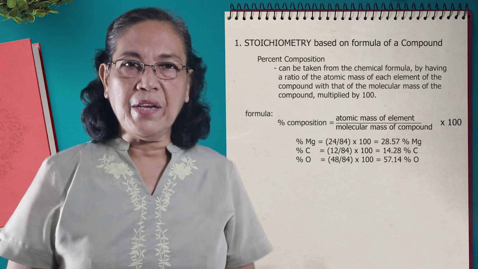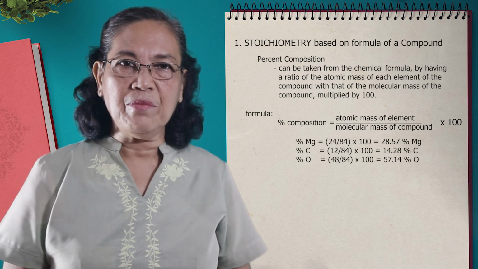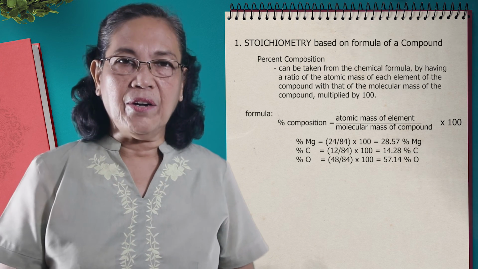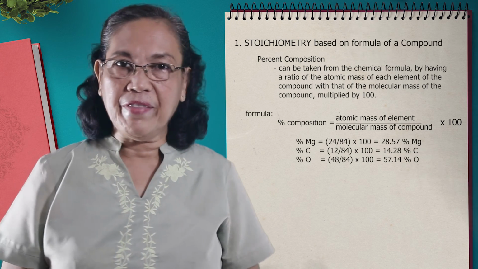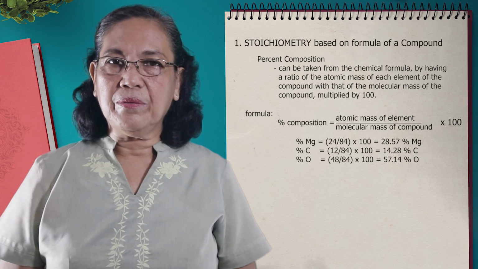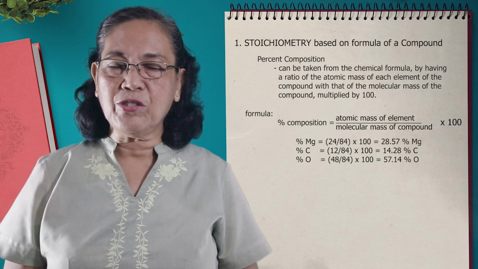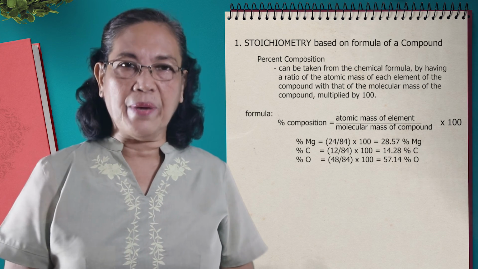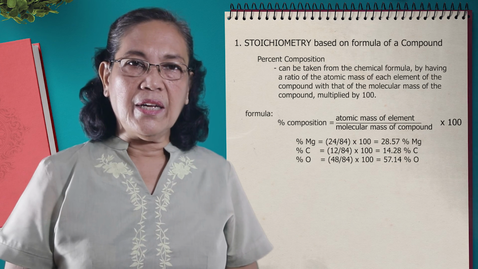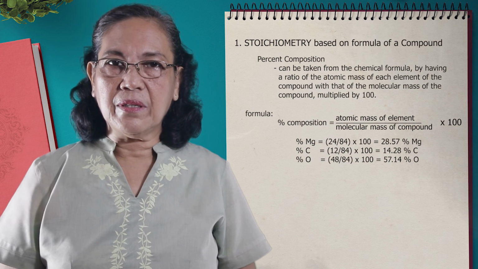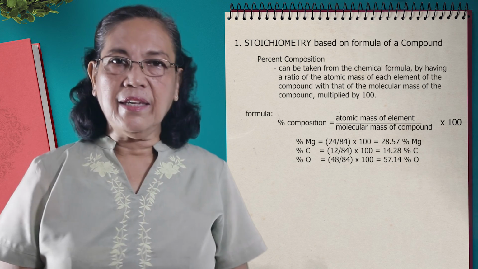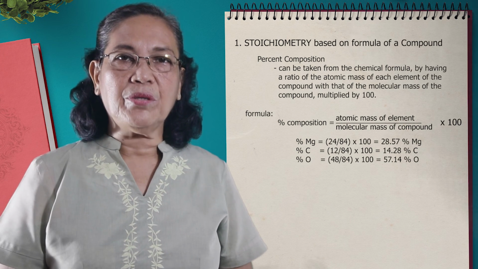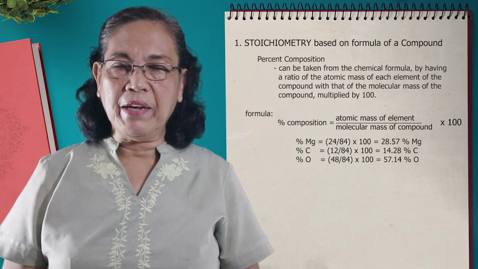So the correct formula for magnesium carbonate is MgCO3. Now we have to take note of the atomic masses of these elements. Magnesium has an atomic mass of 24, carbon has an atomic mass of 12, and oxygen has an atomic mass of 16.